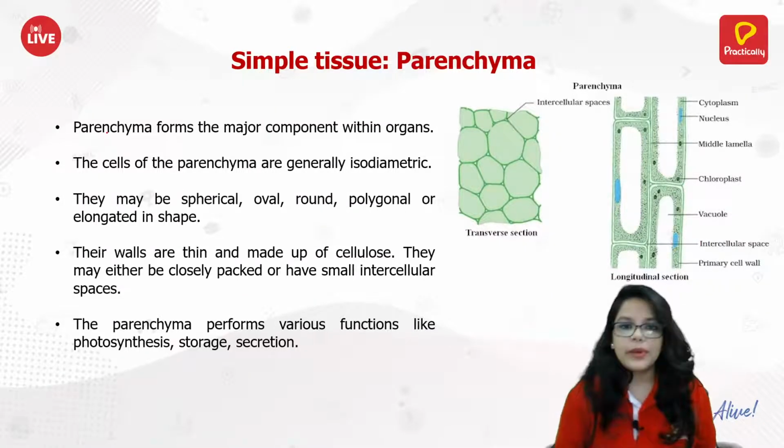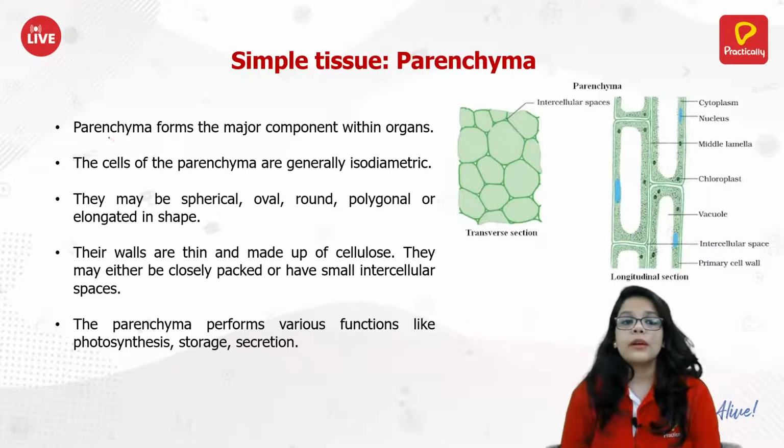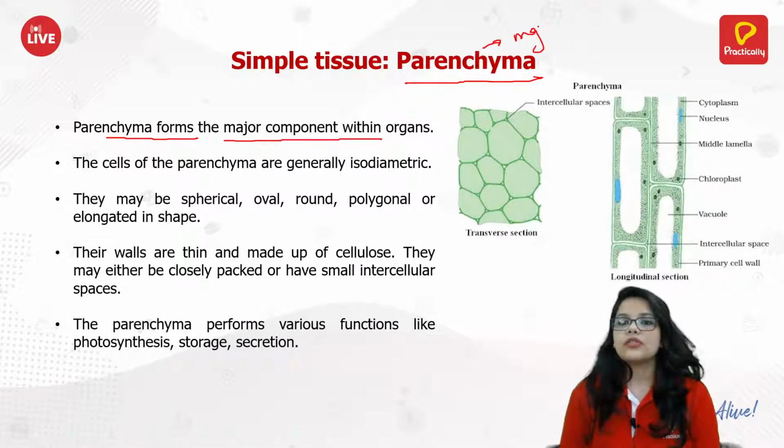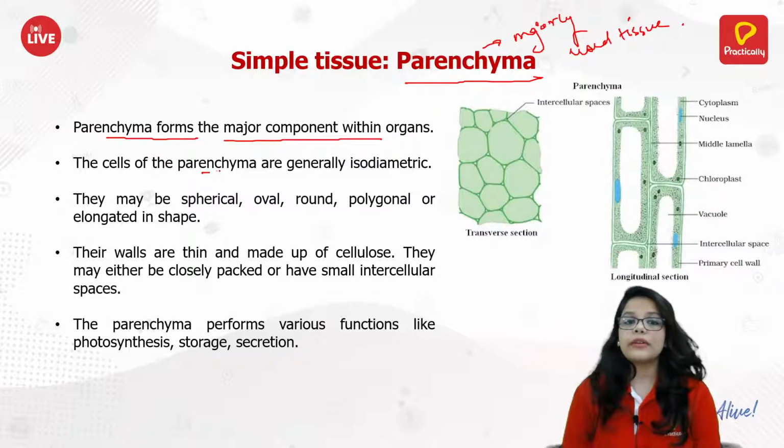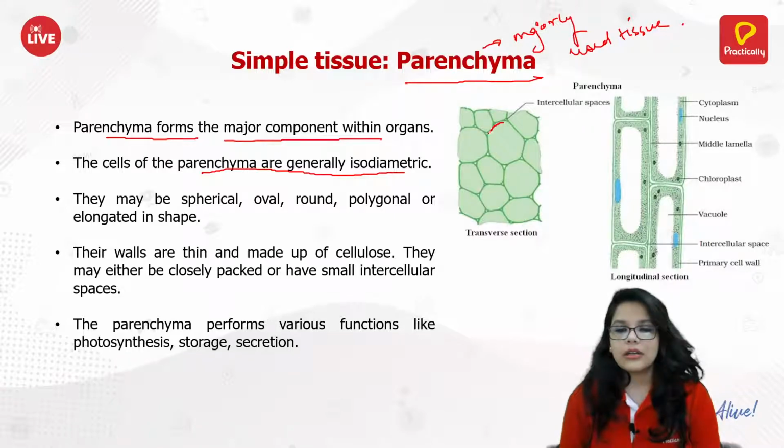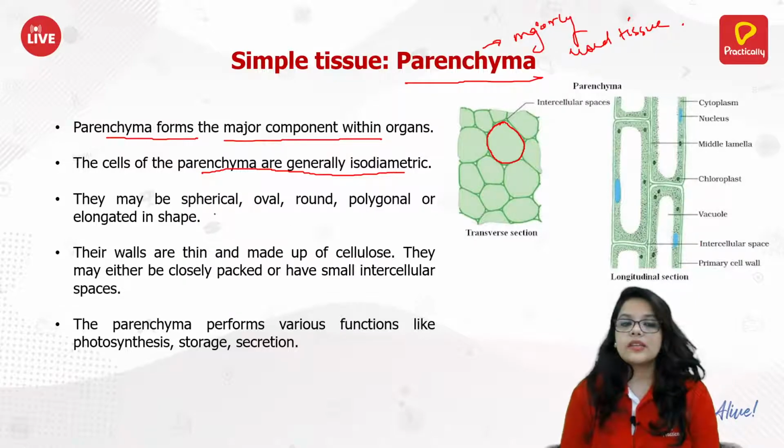So first is parenchyma. Parenchyma forms the major component within organs. So this is one of the majorly used tissues. The cells of parenchyma are generally isodiametric. They may be spherical, oval, round, polygonal, or elongated in shape.